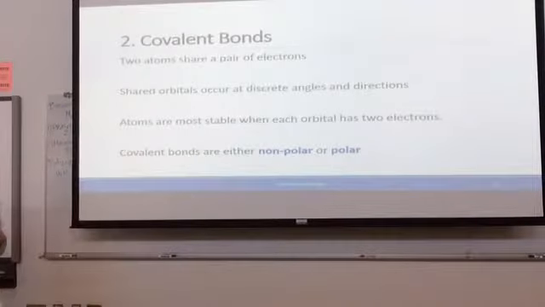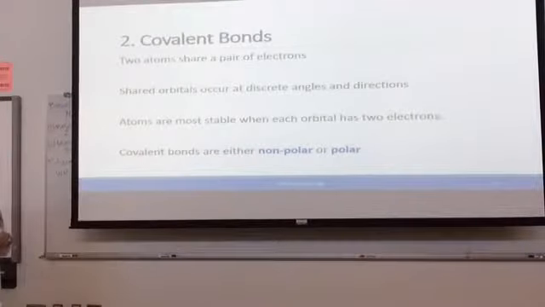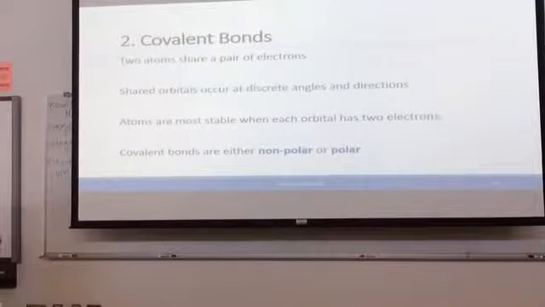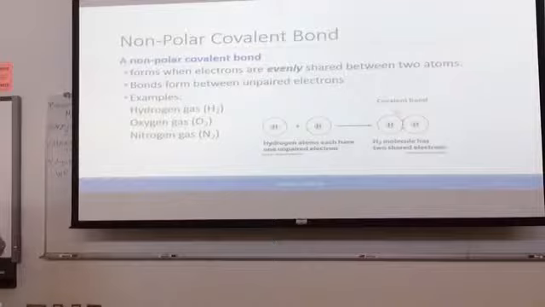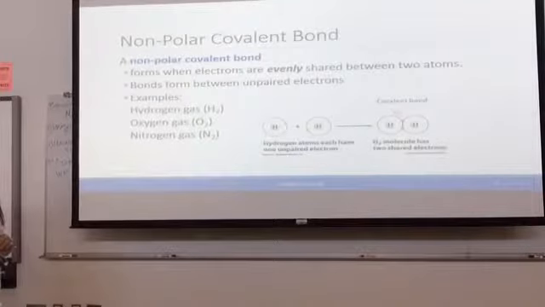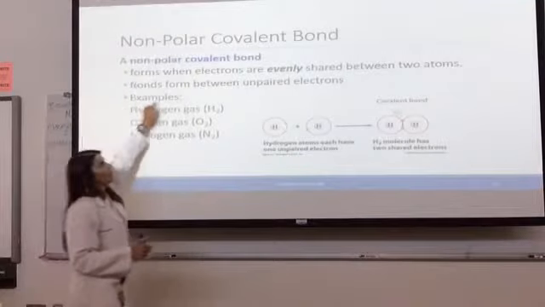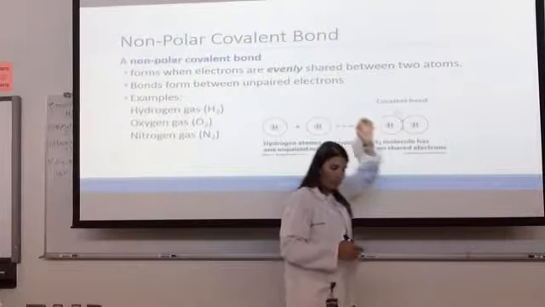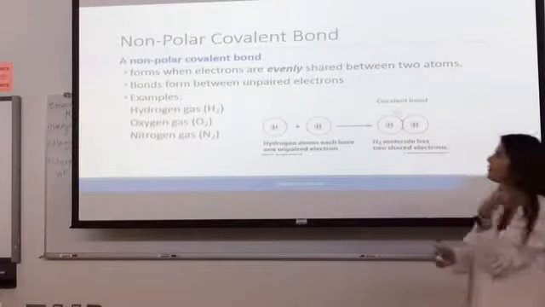Again, covalent bonds are sharing electrons. There are two types, nonpolar and polar. We will start with nonpolar. In nonpolar covalent bonds, electrons are evenly shared.